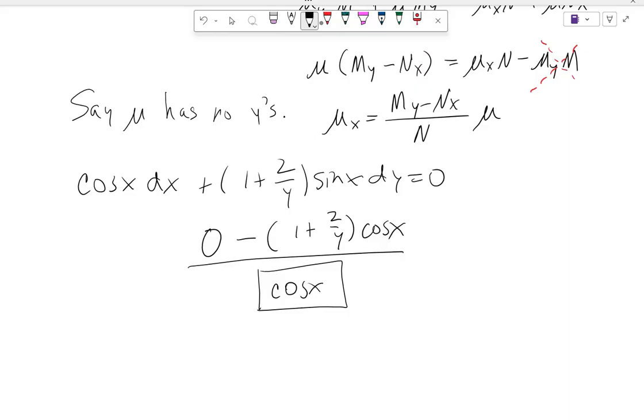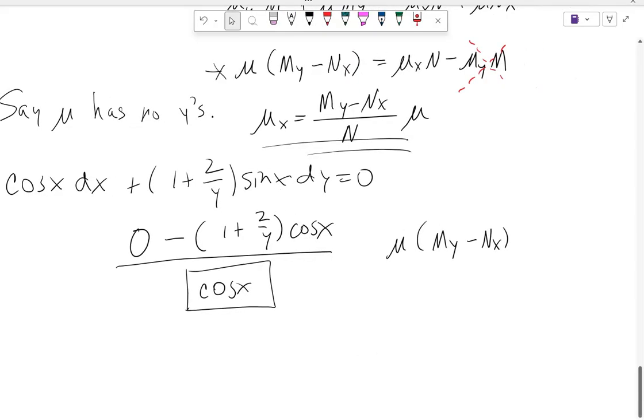Okay. So let's compare it to what we had. I know I solved it here, but let's go back up to this piece right here. We have mu m sub y minus n sub x is equal to mu sub x n minus mu sub y m. What did you divide by, the n or the m? Yeah, the m, right?